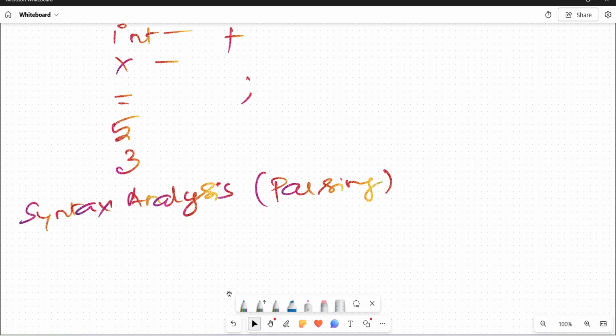So it builds a parse tree: equal to, with x on this side, and on this side a plus adding 5 and 3. It's almost like Grammarly. It checks each and every statement like that. This is the second step, syntax analysis.